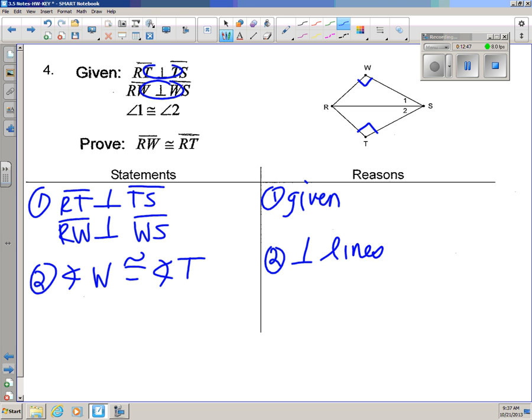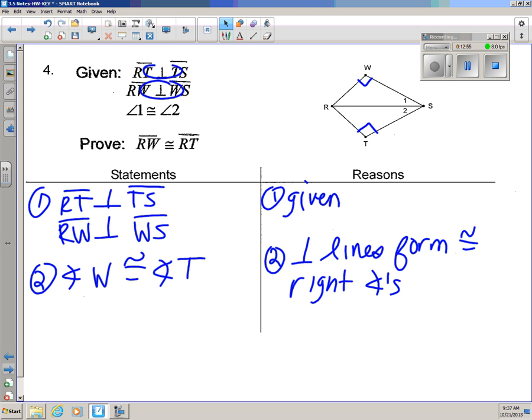Perpendicular lines form congruent right angles. We have done it in class where we've done separates, and we said first given RT is perpendicular to TS, which makes angle T a right angle. And then you could say RW is perpendicular to WS, which makes angle W a right angle.